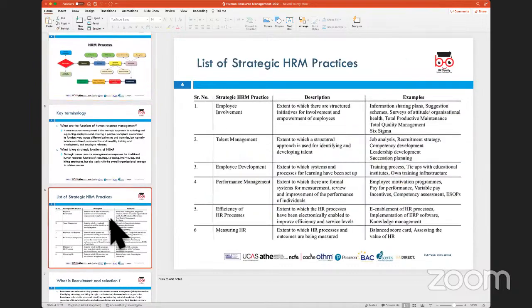Is that okay? Now, one of the other things that we want to keep in sight is the strategic nature of HR. When I talk about the strategic nature of HR, what we are looking at here is a list of certain practices which are now generally acceptable as processes which are part and parcel of every HR department.